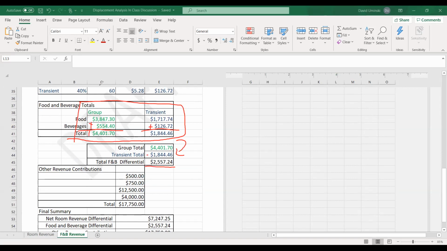We first add up our total food and beverage for each category, and then subtract the totals to give our total differential for food and beverage. So you can see our food and beverage is a little bit more detailed and a little bit more intensive than the room revenue. Any other questions, comments, concerns about this?